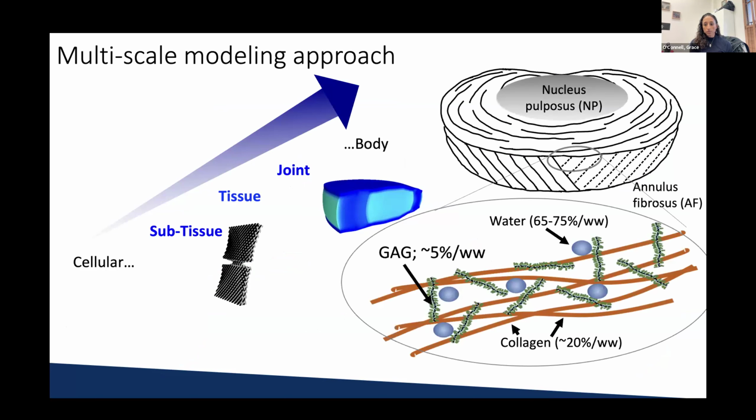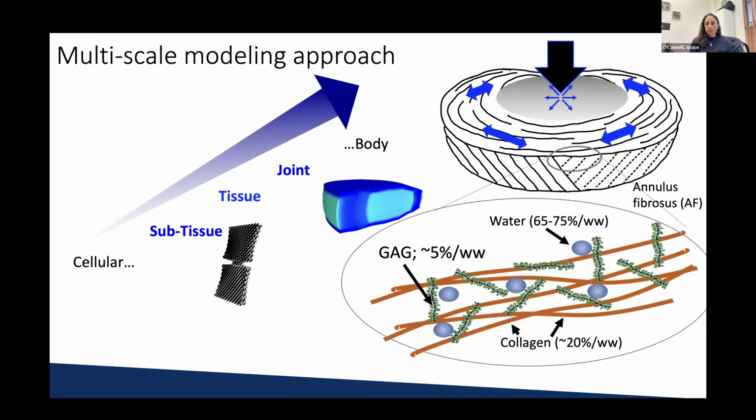For this, we really needed to use information about the composition and how that composition changes radially throughout the disc. In the annulus fibrosus, we have a very highly aligned collagen structure with GAGs throughout and a high water composition. And we know that this changes with age and with degeneration, starting in the nucleus pulposus and working its way out.